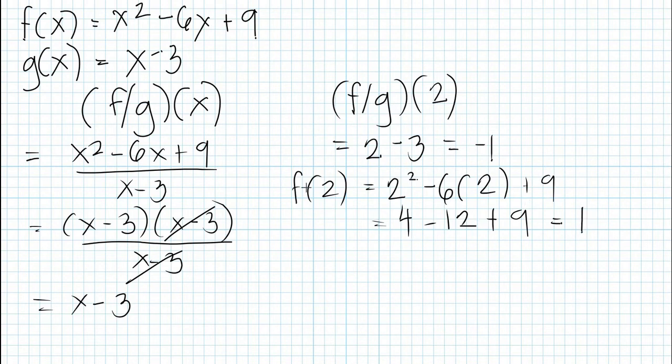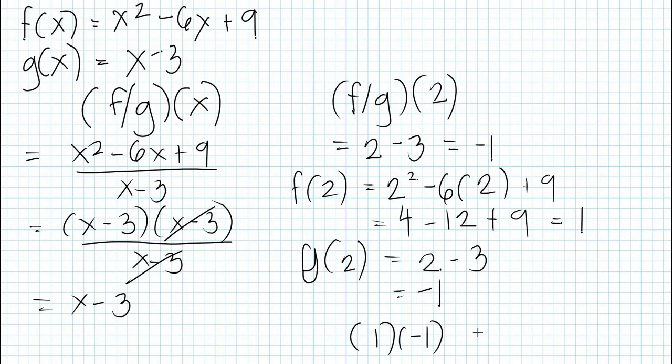And then let's try g of x. So that would be 2 minus 3, so that will be -1. If we divide f with g, that will be 1 divided by -1, which is -1.